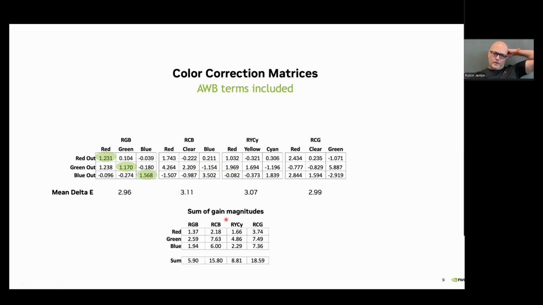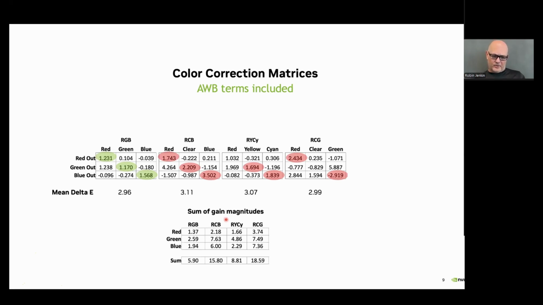But if we look at the diagonal terms for the RCB, the RYCY, and the RCG, we can see that most of them are higher than the RGB. So that's one issue that we have, that we're having to gain up the diagonal terms.